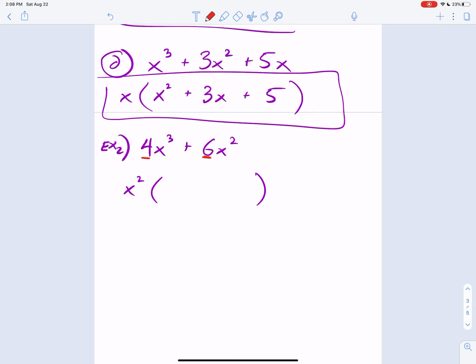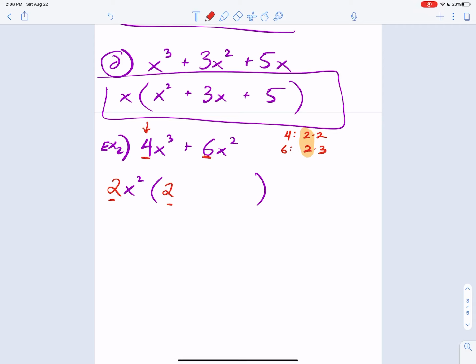But the only way you're going to get better at this is if you keep practicing, okay? So if you think of 4, that's 2 times 2. And 6 is really just 2 times 3. So notice how we have at least 1, 2 in common. So I'm going to take out a 2 here. All right? So here's my question to you guys. 2 times what will give me 4?